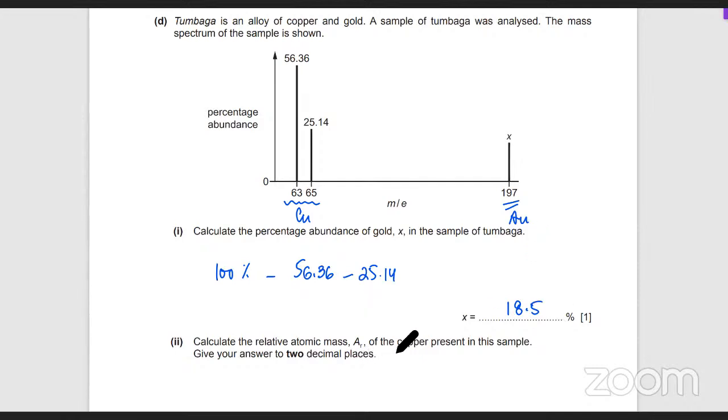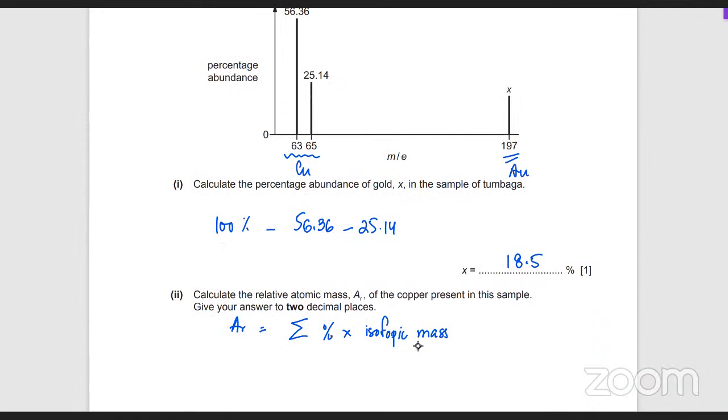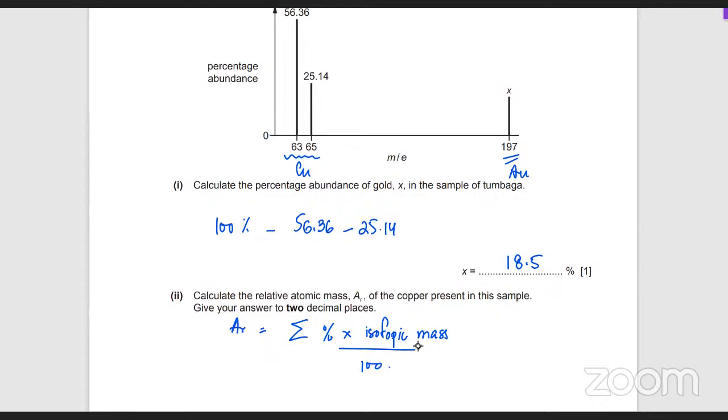The next thing is that they're asking for the AR of copper. So how do you calculate the AR of copper? That's the sum karo percentage abundance multiplied by the isotopic mass, and you're going to divide all of this by 100. So we're just going to do that.